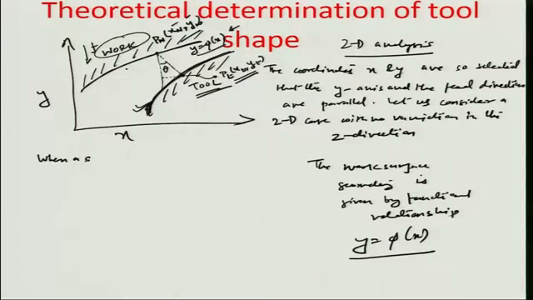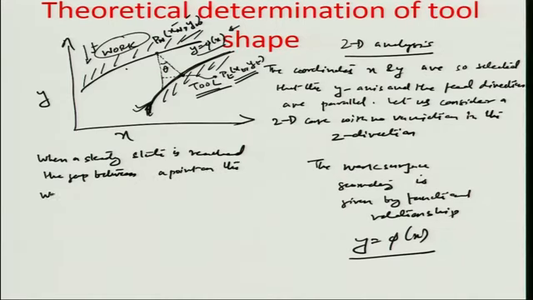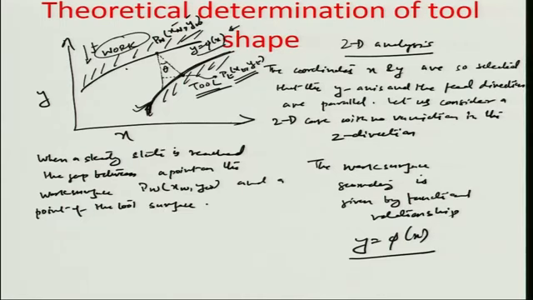Let us say when a steady state is reached, the gap between a point on the work surface, also given by PW, xw, yw, and a point on the tool surface given by PT, xt, yt, can be such that this PT PW should be equal to the equilibrium gap GE.